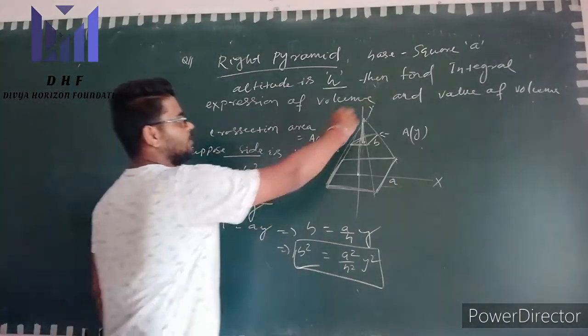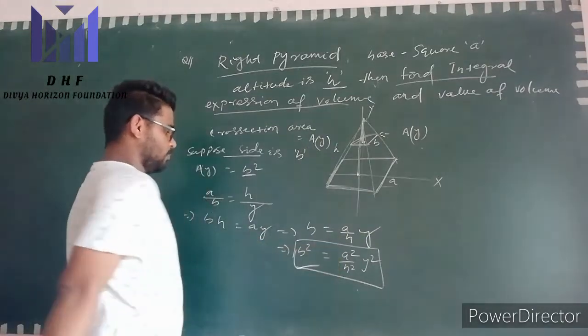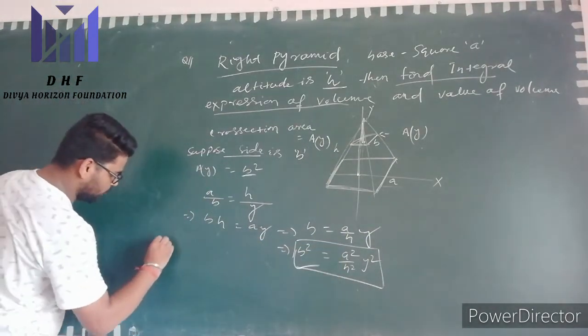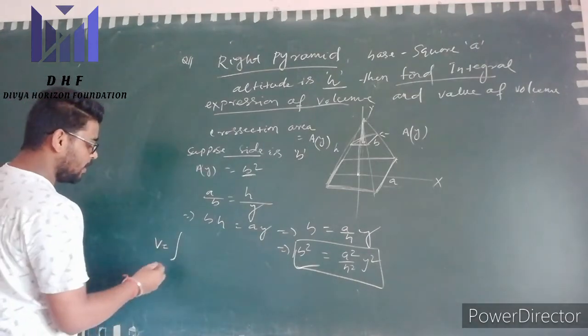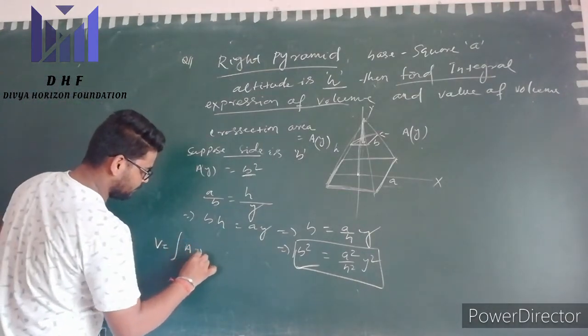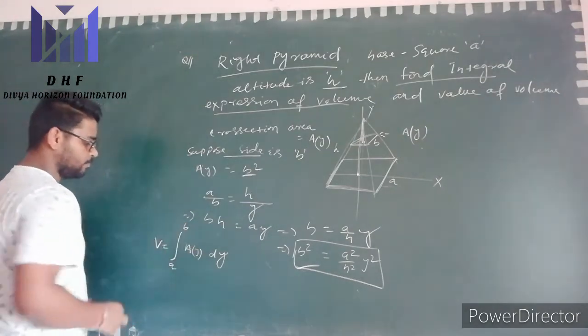Now I find the integral expression of volume. What is the formula of volume? V is equal to the integral of the cross-section area.